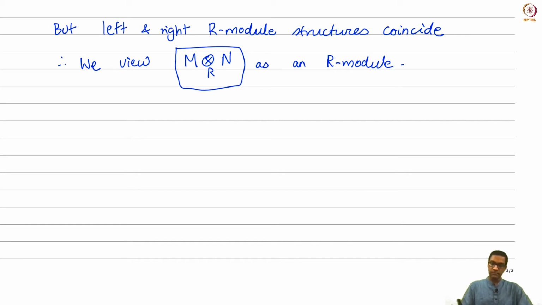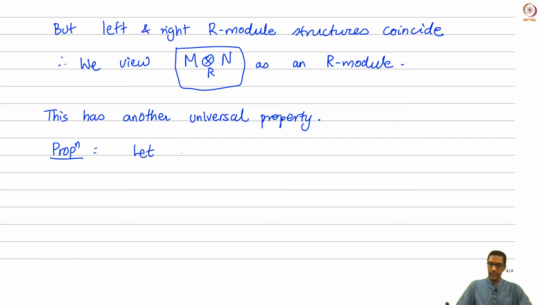In this case, there exists another universal property, which is sort of more useful in some sense when we are talking about commutative rings, and this is given by the following proposition. So let M, N, P, K maybe be R modules. So R is commutative.